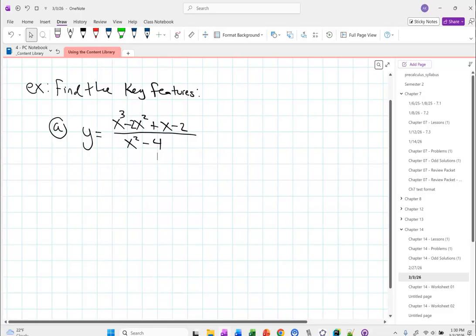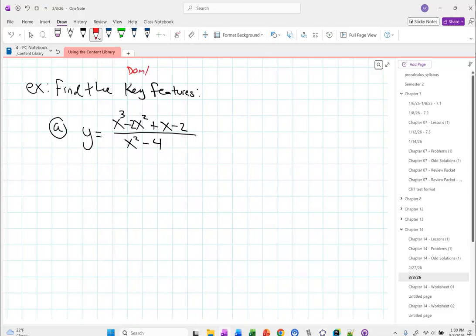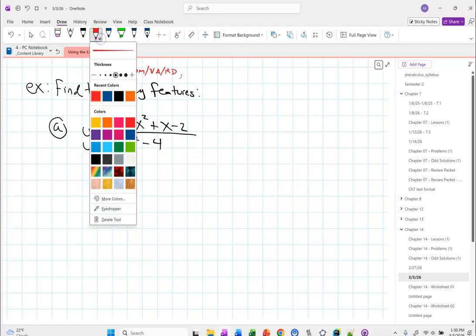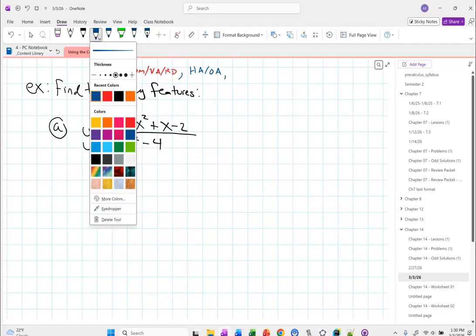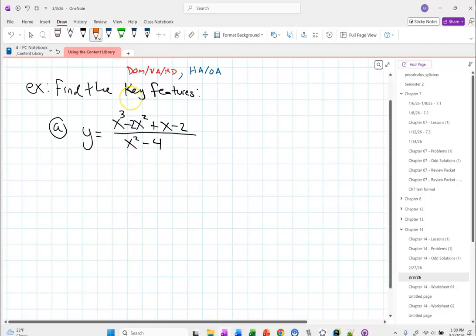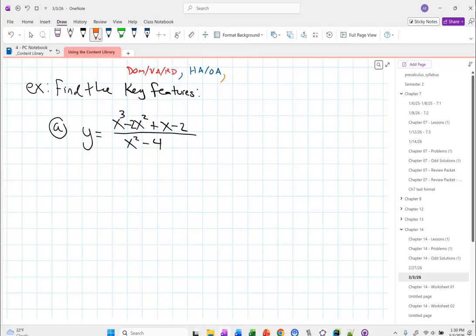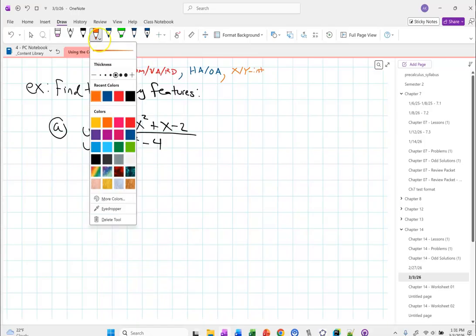All right, when we say the key features, we want domain, vertical asymptotes, and then removable discontinuities or holes. We're going to want HA or OA. We're going to want X/Y intercepts.